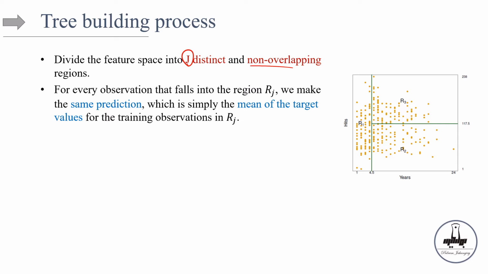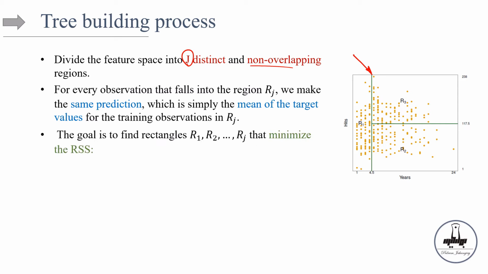So remember, we started with making the first split. We have region 1, region 2. They were non-overlapping, right? And then we ended up with 3 regions in that example. For every observation that falls into region Rj, we make the same prediction, which is simply the average of the target values, right, for the train observations. So let's look at that.